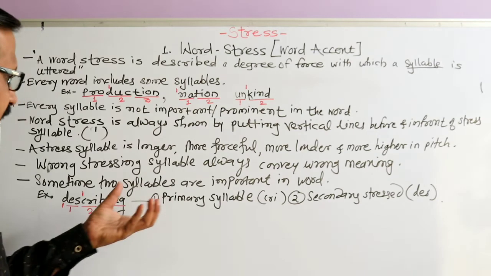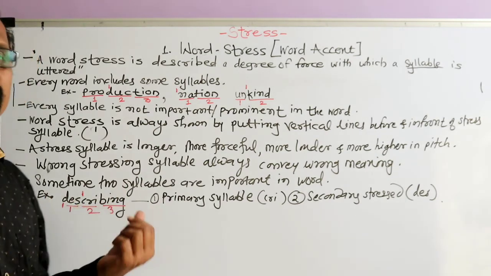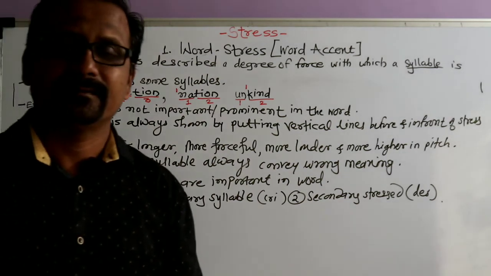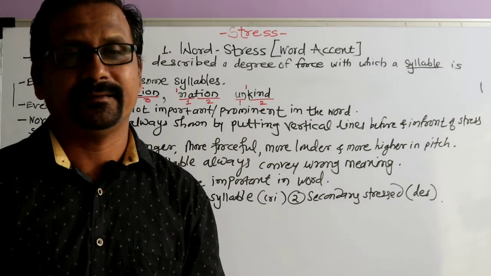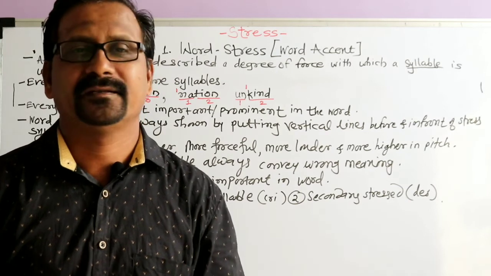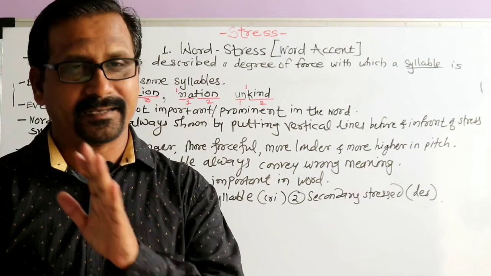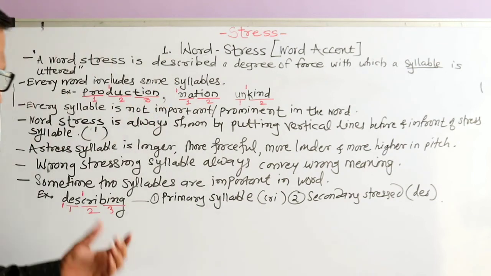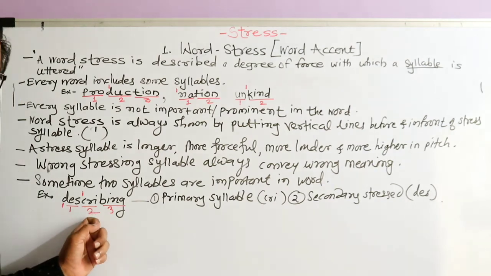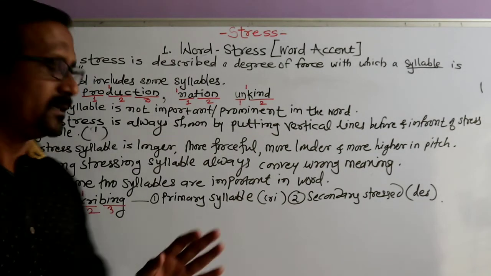While giving the example, I wrote describe as showing 3 syllables, but I had counted the syllables wrongly. So thank you Varekar sir once again. I want such feedback from each and every teacher, and I welcome it. So describing has 3 syllables. The second syllable is the primary syllable and the first syllable is the secondary syllable, and those are shown like this.